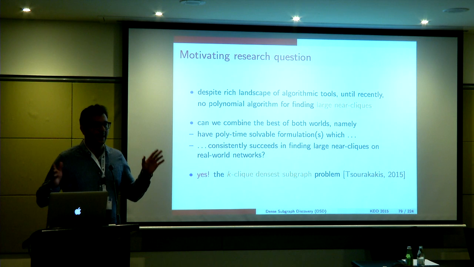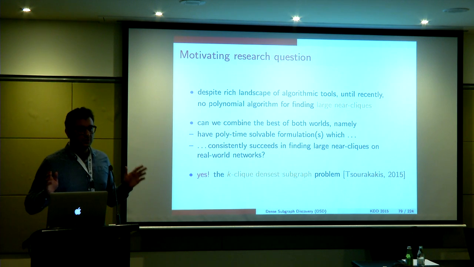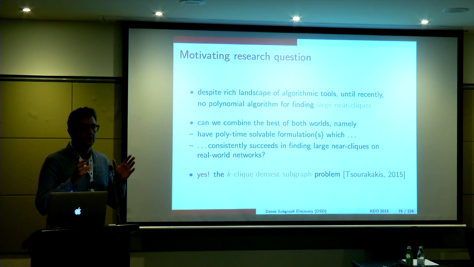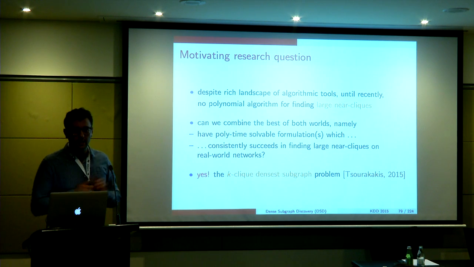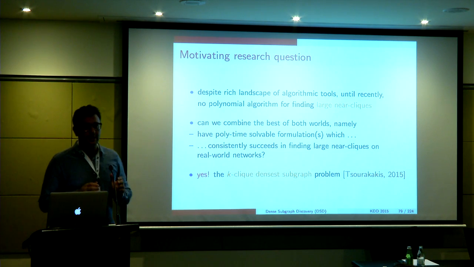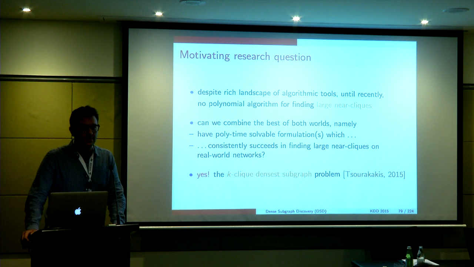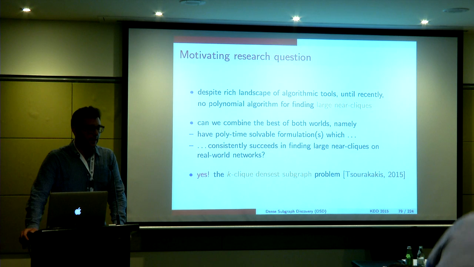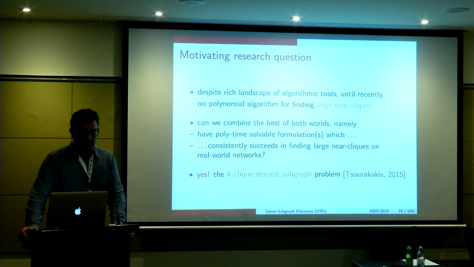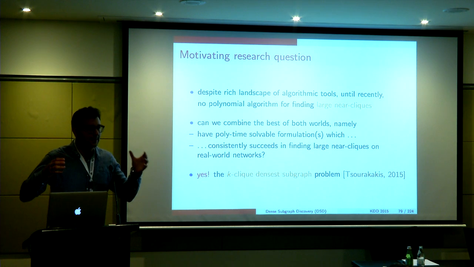Aris showed the landscape of related work, and also a couple of applications where we need to find subsets of vertices which are large near cliques. Finding large near cliques in real-world datasets is a notoriously hard problem. There exist many tools out there that suffer one way or another. The densest subgraph problem, for instance, and I'll give you some numerical evidence, turns out many times to fail at finding these large near-clique subsets.